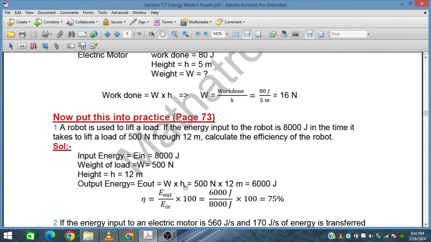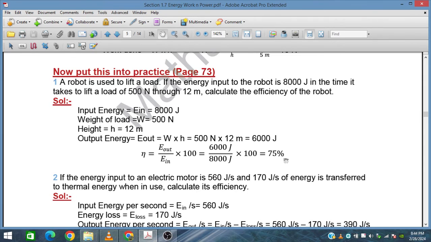This is the output energy required to lift this weight. The output energy divided by input energy gives the efficiency, multiplied by 100 to give a percentage. So this is 75%.